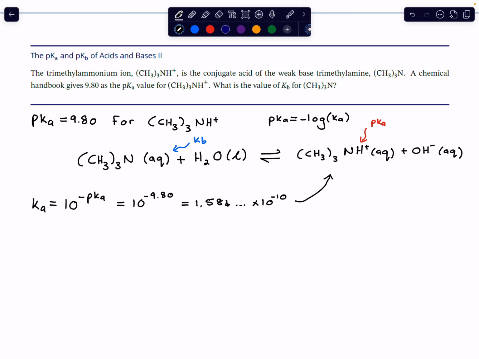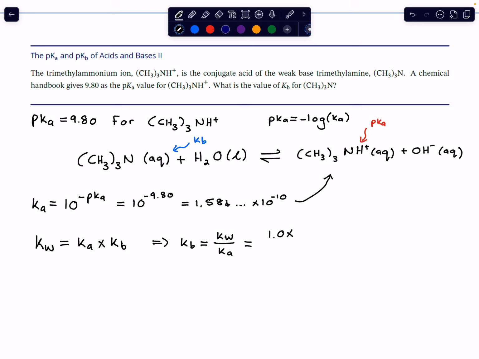Now, to relate the conjugate acid to the conjugate base, we can recall that the auto-ionization constant for water, Kw, is equal to the product of the ionization constants of the acid and the base. So we can solve for Kb and get Kw over Ka.